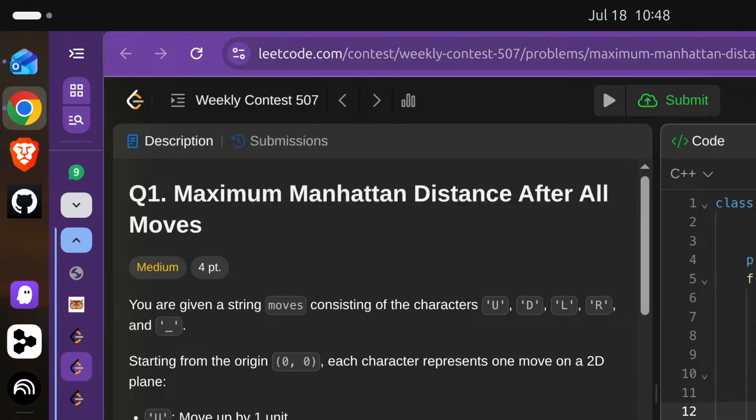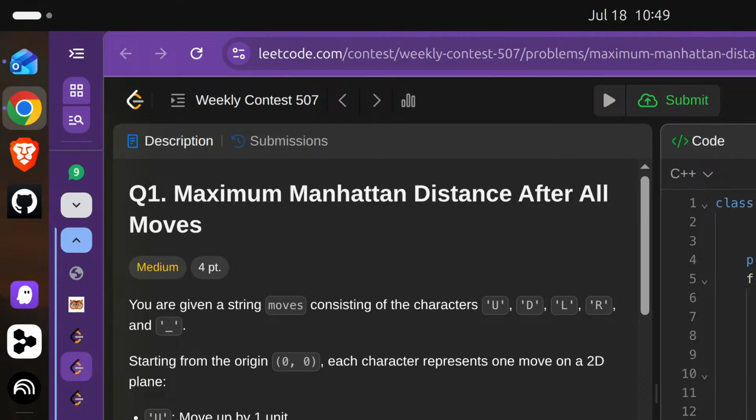Down is return f of moves, i plus 1, x comma y minus 1. To the left, return f of moves, i plus 1, x minus 1 comma y.